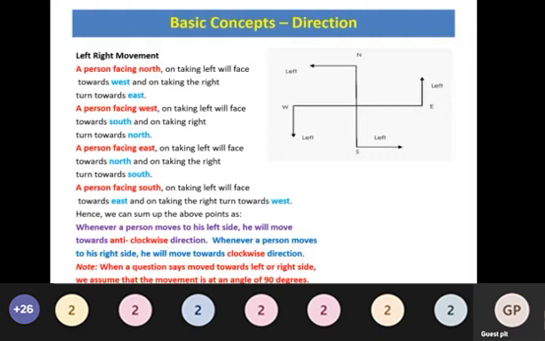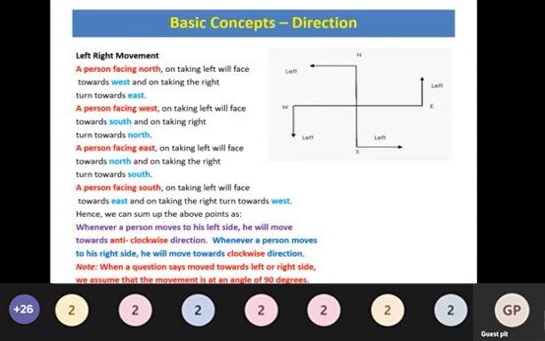Very important note. When a question says move towards left or right side, we assume that the movement is at an angle of 90 degrees.